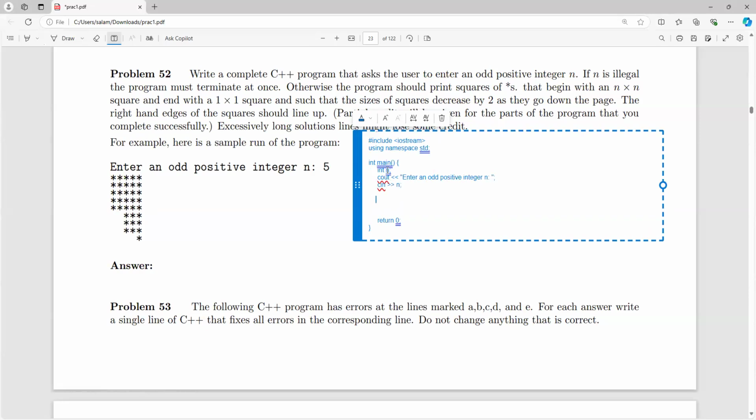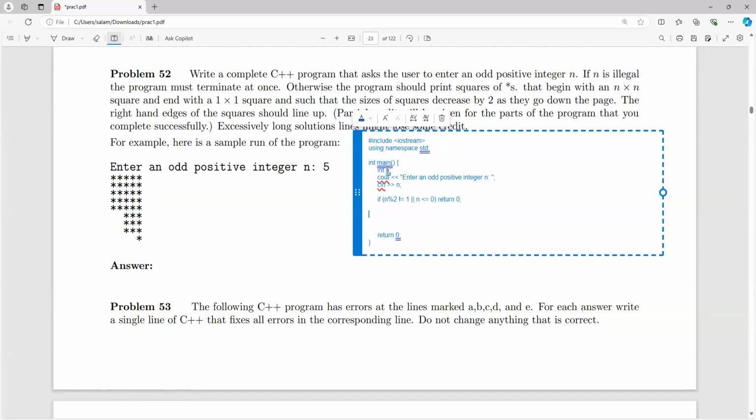Cin n. If n mod 2 is not equal to 1 or n is less than or equal to 0, return 0. Or int r is equal to, let's use 1 this time.